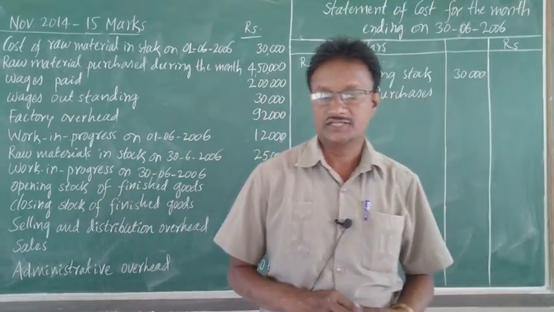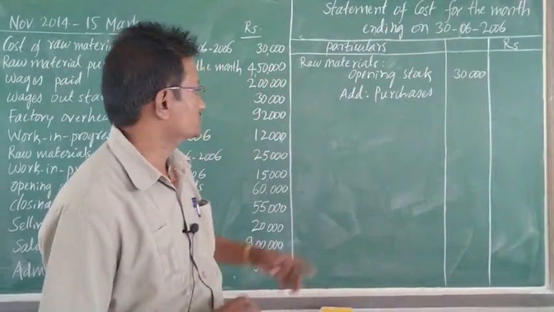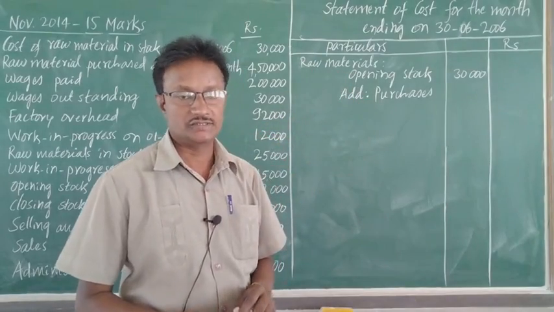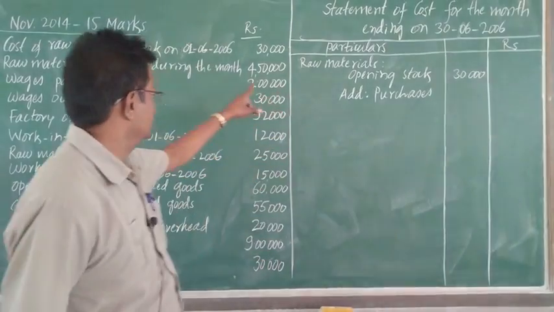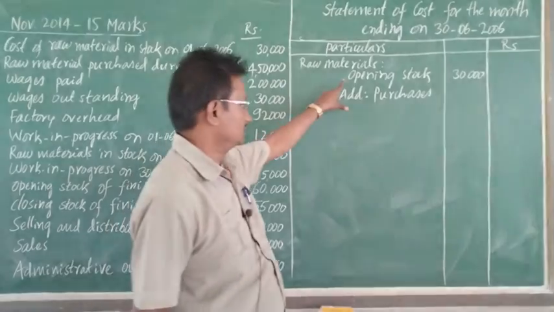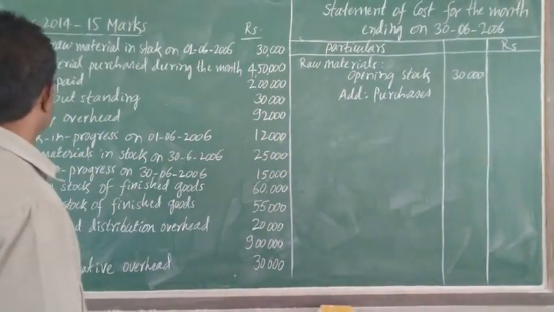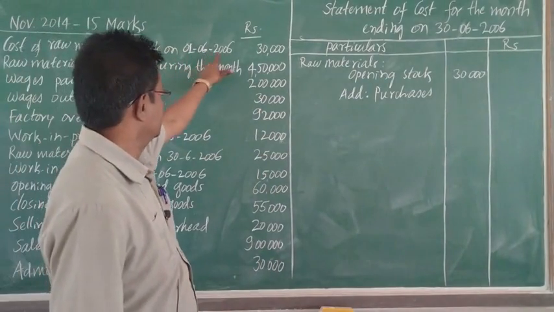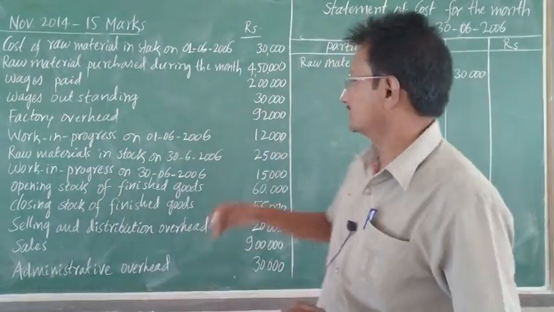First we have to take the raw material cost. So raw materials consumed has to be ascertained. Here, first we have to take the opening stock of raw material. Cost of raw material in stock on 1/6/2006 denotes opening stock.